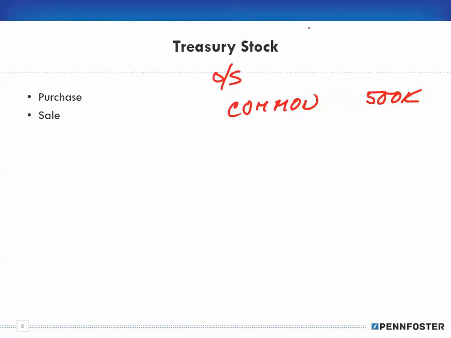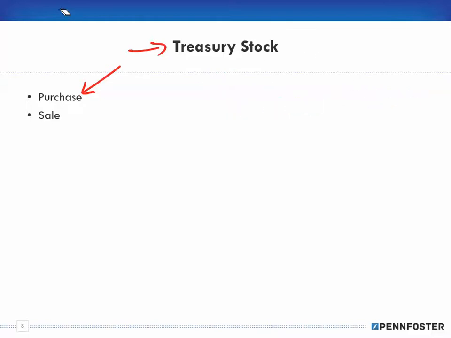When they come back to the company, they come in as what's called treasury stock, meaning the company goes out and buys back the stock. So the company is able to purchase the stock, and when they purchase that stock back, whether it's common or preferred, they call it treasury stock. So now we're thinking in terms of the stock that the company has bought back.